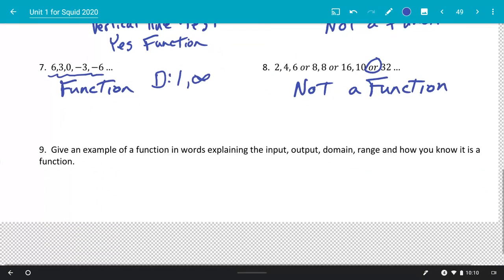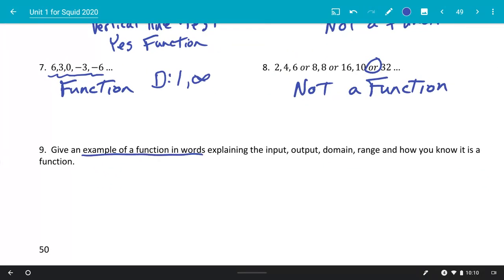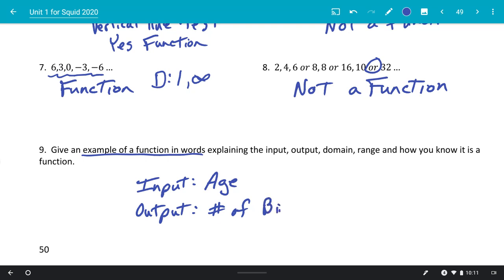Number 9, give an example of a function in words. So I need to give an example. Let's go with input being age and output being number of birthdays.